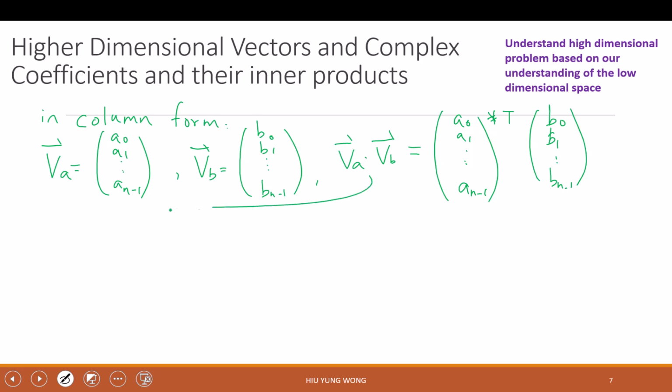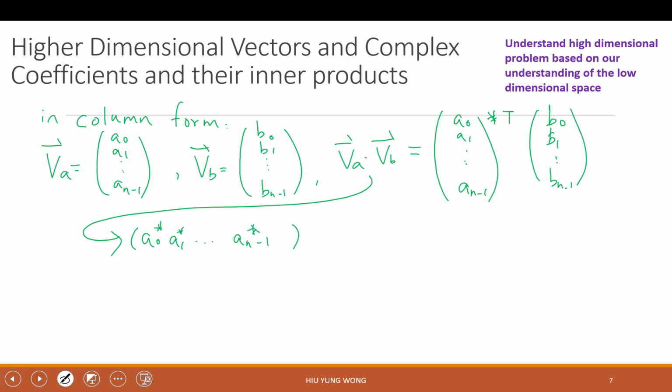When you do the transpose, what do you get? A row vector. And this is A0, A1, AN minus 1, right? I still miss one thing. Besides transpose, what else do I need to put? Complex conjugate, right? You put the star there.